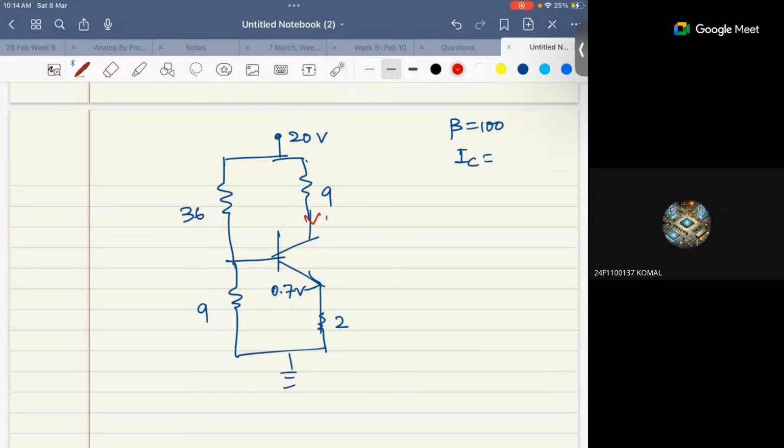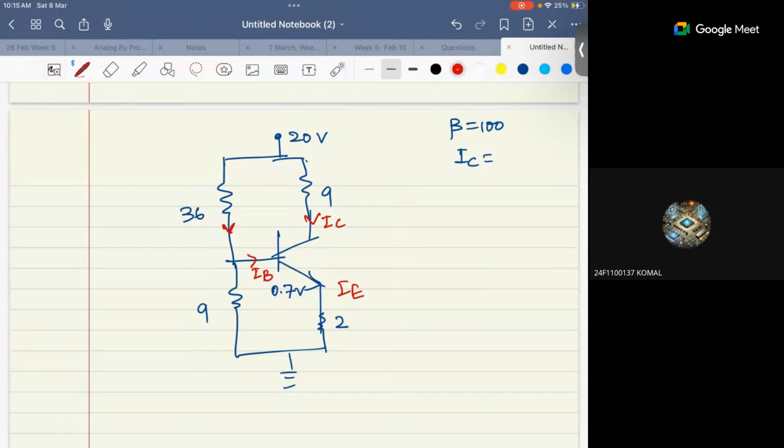So this is IC. Let's, for example, take this as IB.